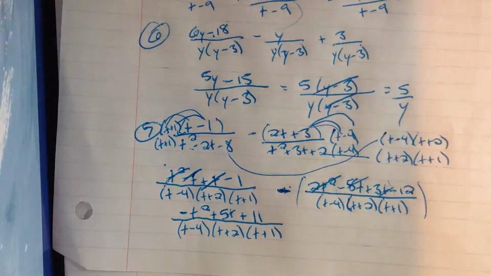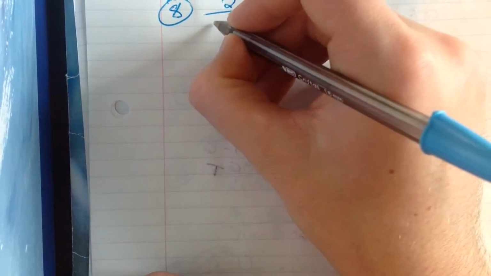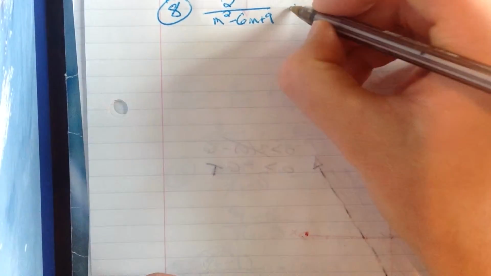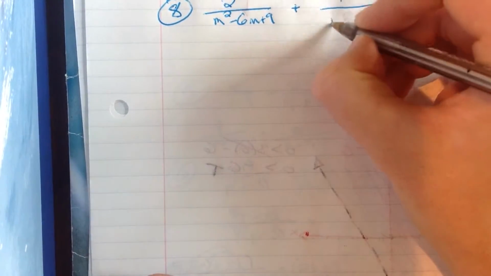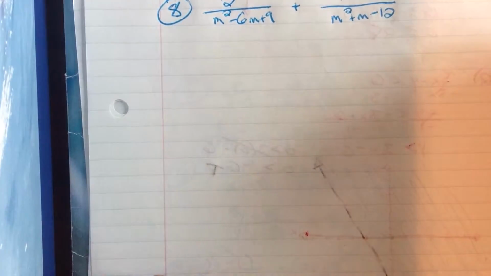One last example. If I have 2 all over m squared minus 6m plus 9 plus 4 all over m squared plus m minus 12.